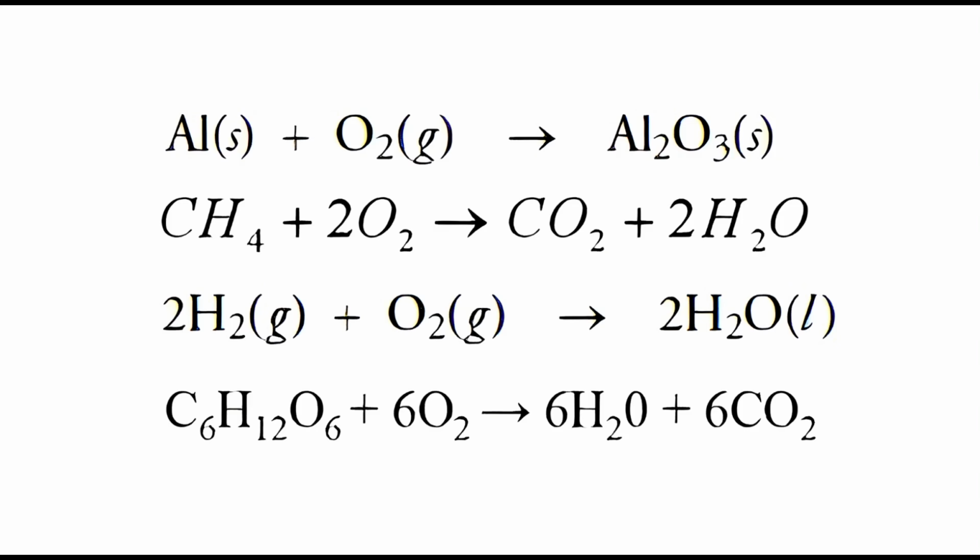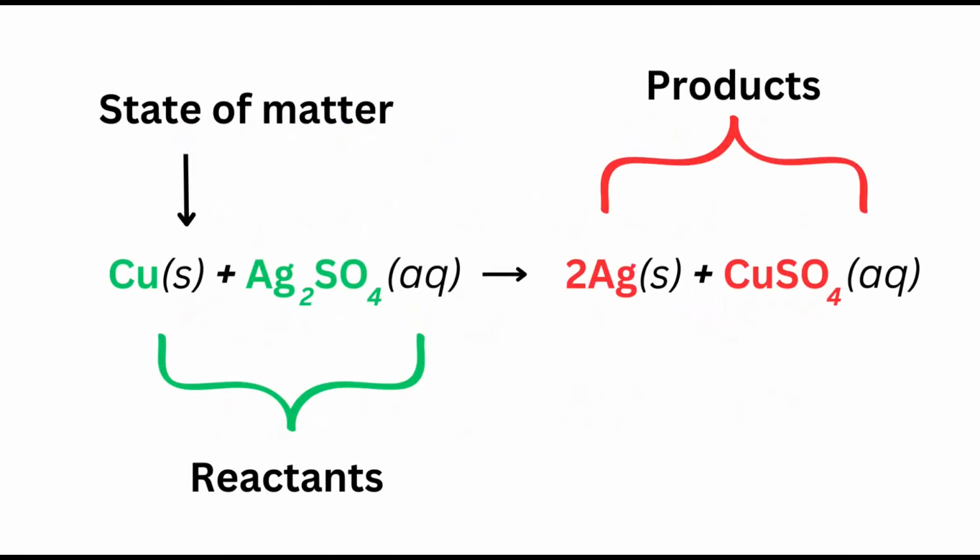Now, in chemical reactions, we also often represent the state that the reactants and products are in by a little subscript in brackets. So the main ones use the G, L, S, and AQ. So G for gaseous, S for solid, L for liquid, and AQ stands for aqueous, which means dissolved in water.